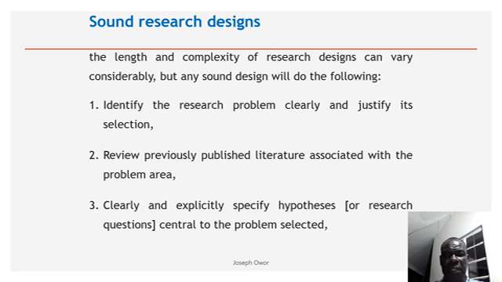A sound research design must have the following. 1, it should identify the research problem clearly and justify its selection. 2, it must review previously published literature associated with the problem area. 3, it must clearly and explicitly specify hypotheses or research questions central to the problem selected.